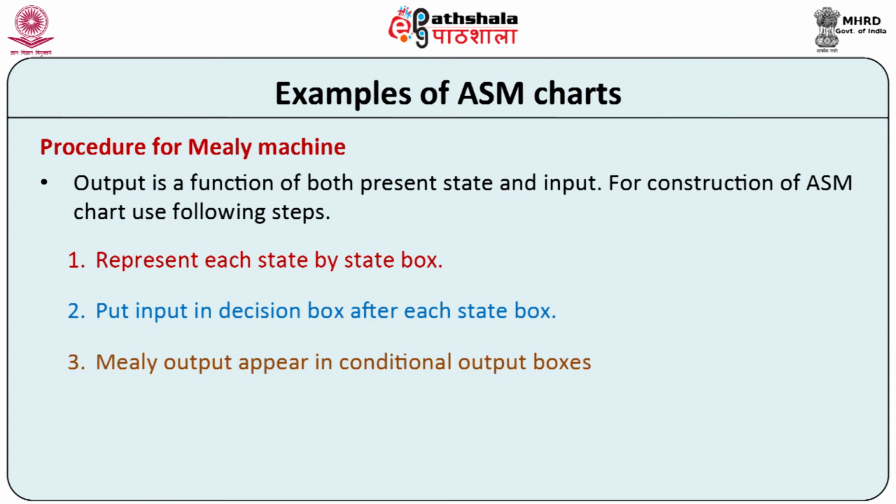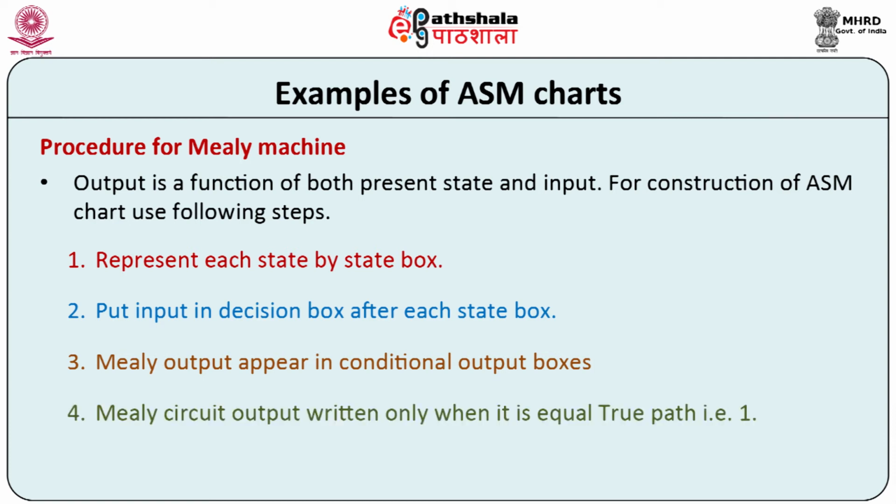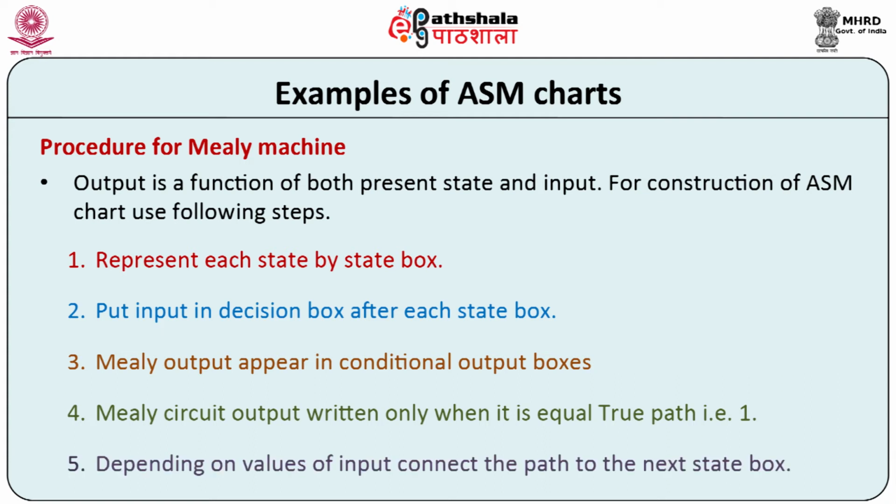Third, Mealy output appears in conditional output boxes since they depend on both state and input. Fourth, Mealy circuit output is returned only when it is equal to true path, that is 1. And fifth, depending on the value of input, connect the path to the next state box.